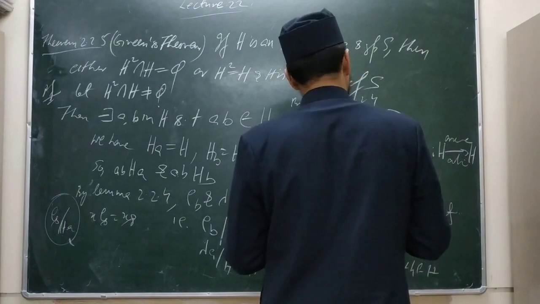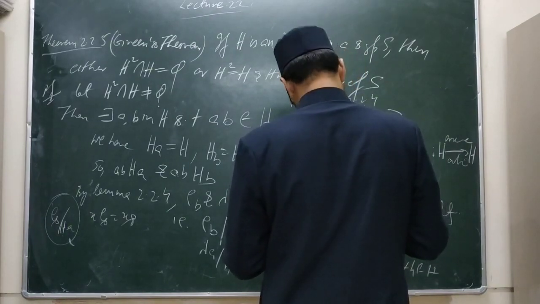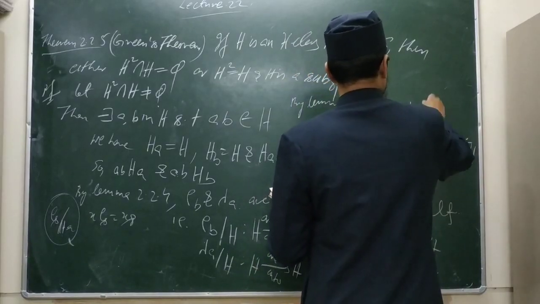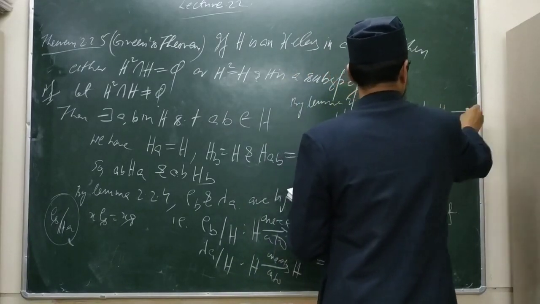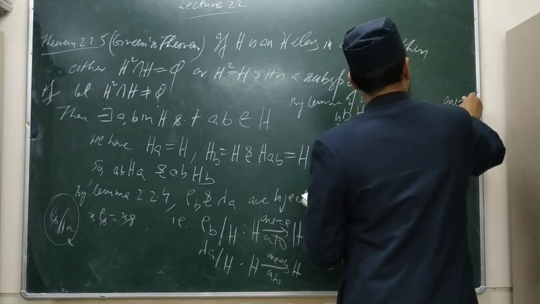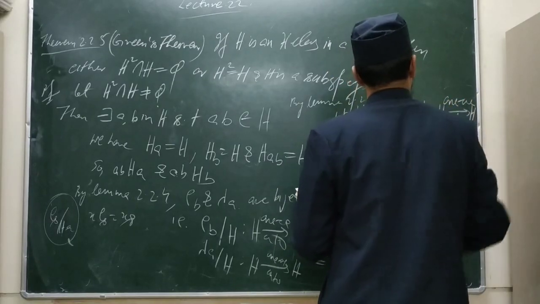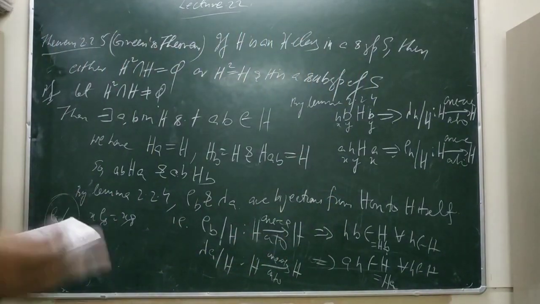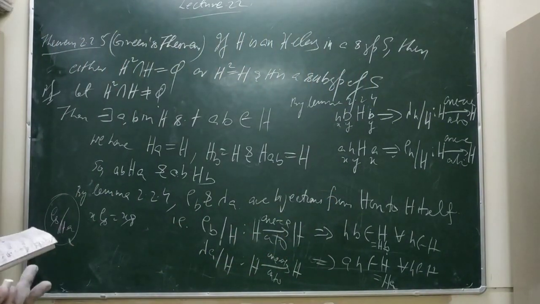And if xy, then again lambda x means lambda h from H, so from H to H, it is again 1-1 onto map, is it? So rho h by h is a 1-1 onto map from H to H, and lambda h by h is a 1-1 onto map from H to H, correct. These things we have.